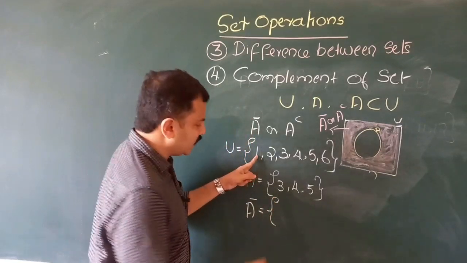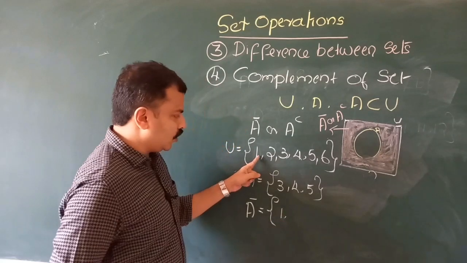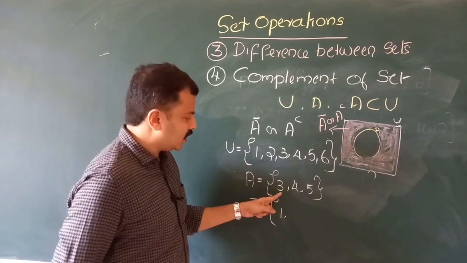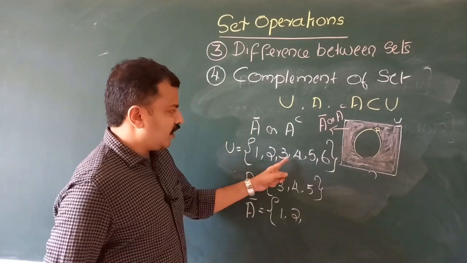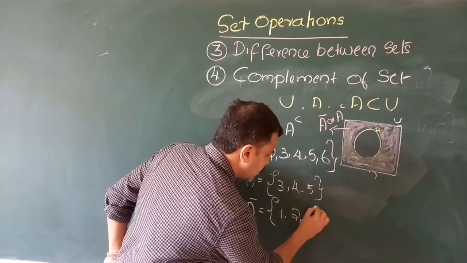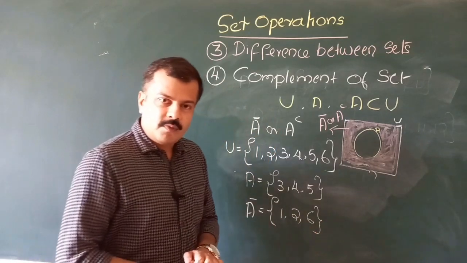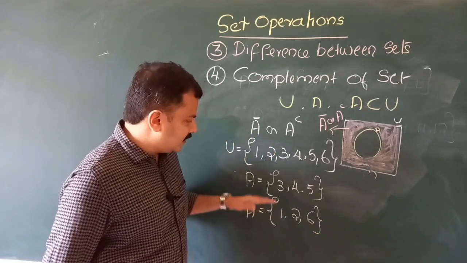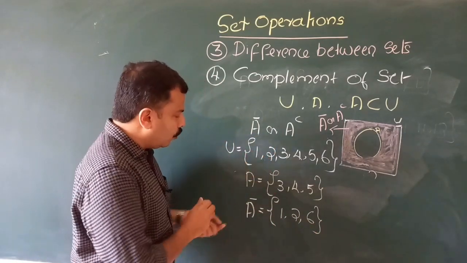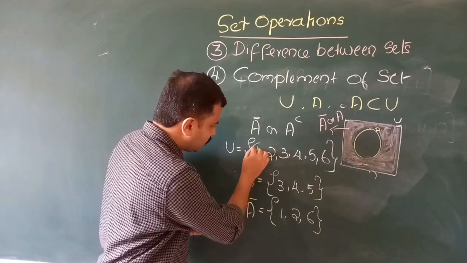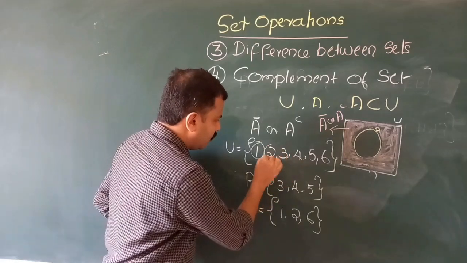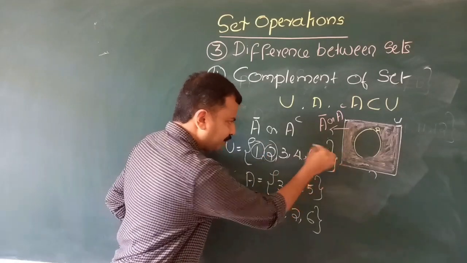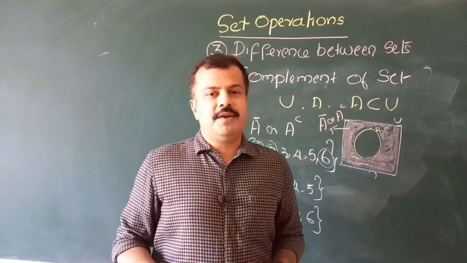Now check for each element, the first one. 1 is there in the universal set but does not belong to set A. So 1 is there, 2 will be there, 3, 4, 5 will not be there, 6. So this will be our solution. So that's the complement of a set.